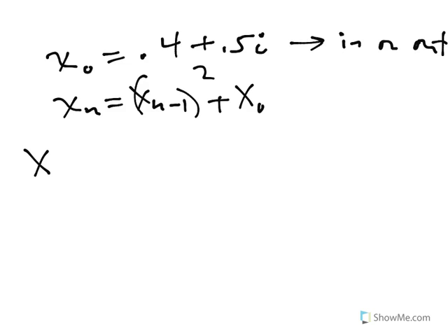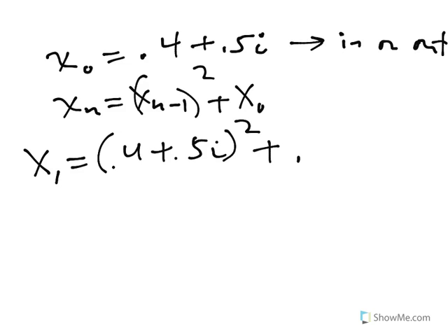Well, if you run this through the formula, 0.4 plus 0.5i squared plus 0.4 plus 0.5i, it would be kind of annoying to work this out, but you could do it by hand if you needed to, and you would get around 0.31 plus 0.9i.